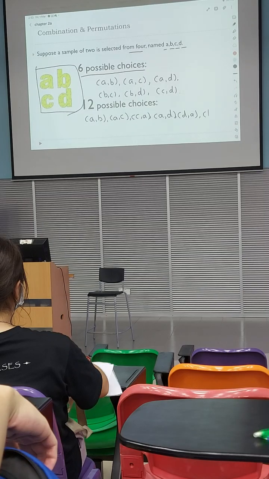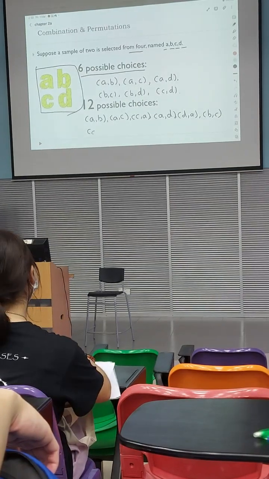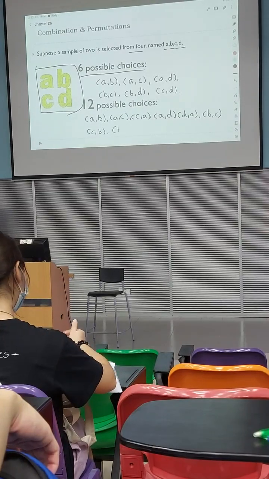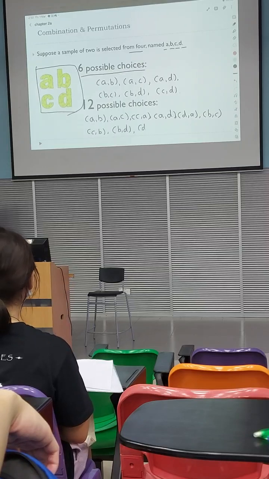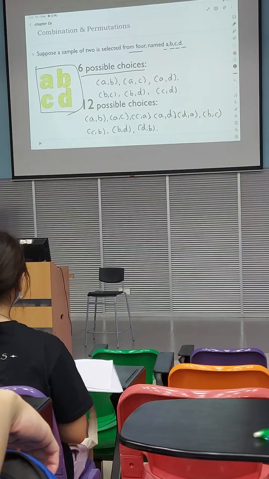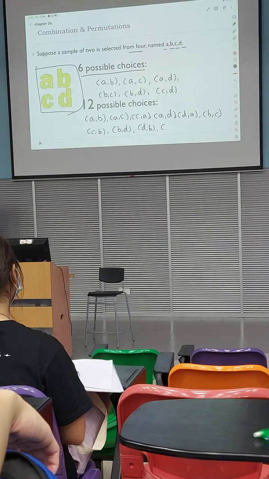we will have B, C, then C, B, followed by B, D, it could be D, B, interchanging the positions. Now we have 1, 2, 3, 4, 5, 6.